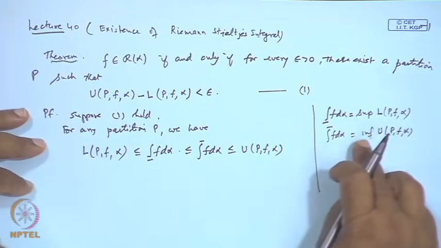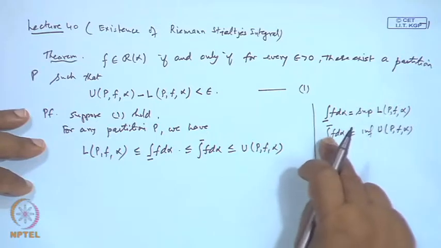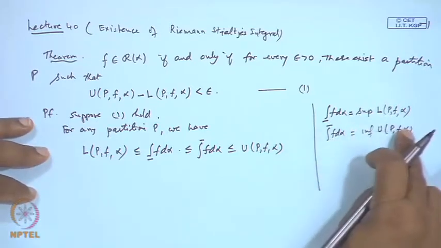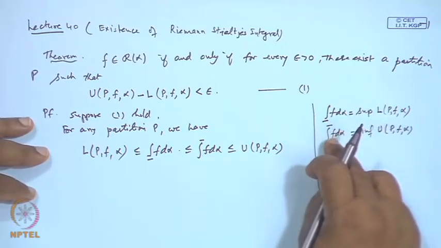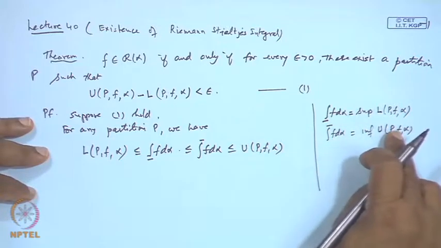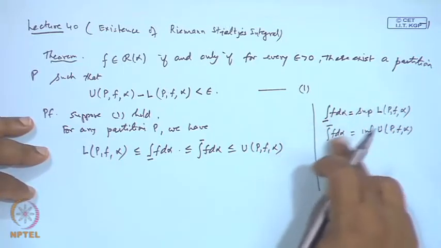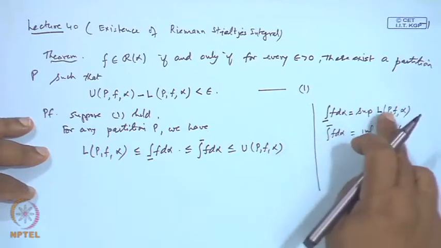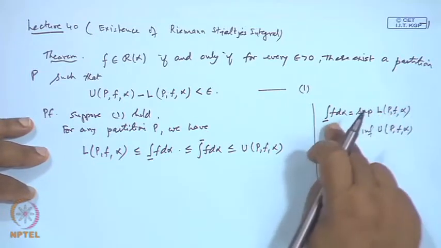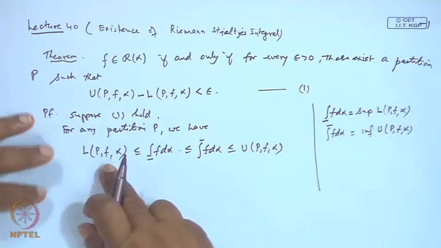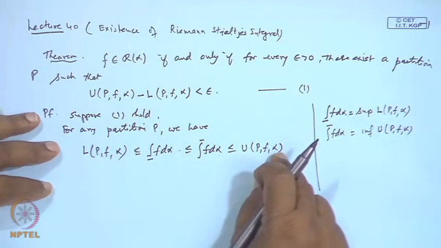So, if I remove the infimum and supremum, then the upper sum will always be greater than or equal to the upper integral, while the lower sum will always be less than or equal to the lower integral. So, for any partition P, this result holds.